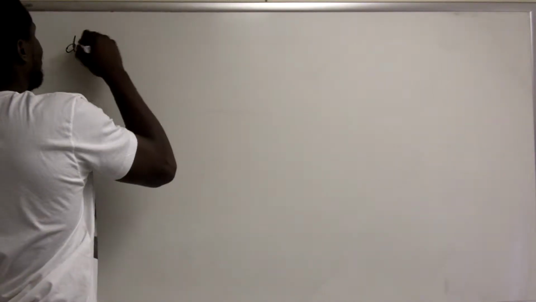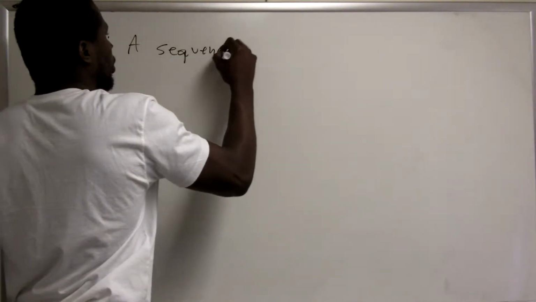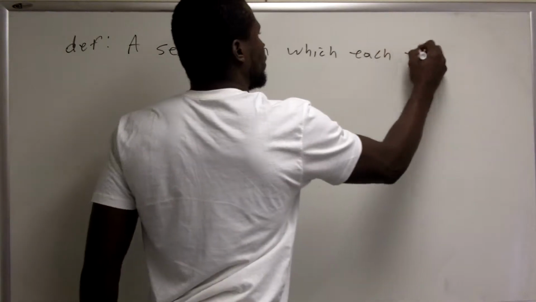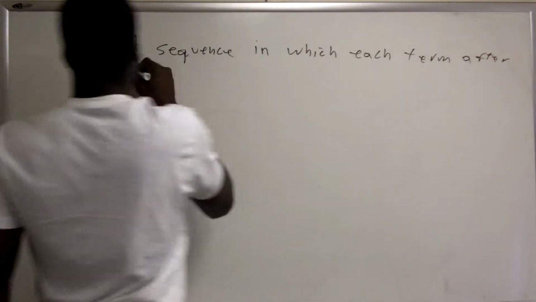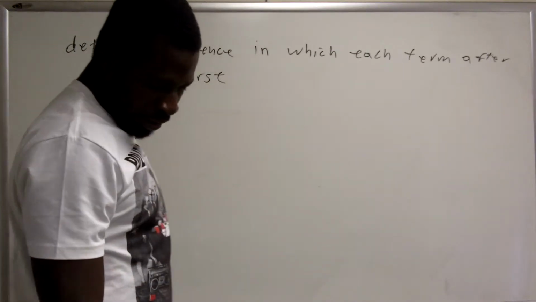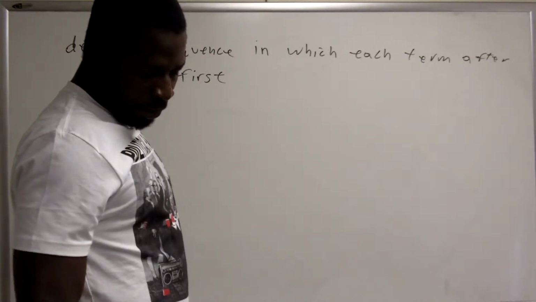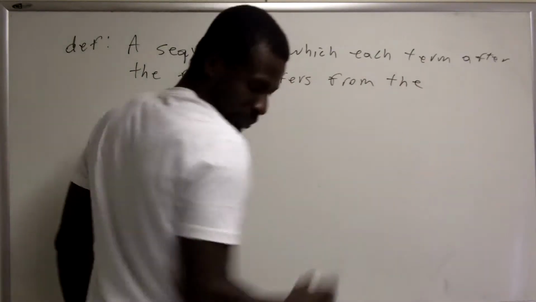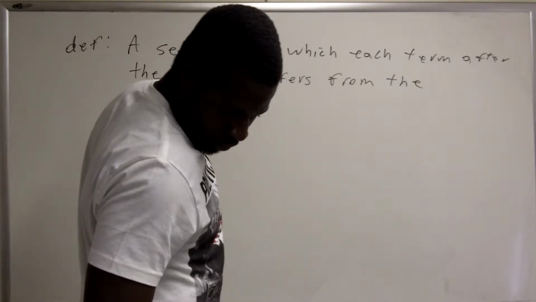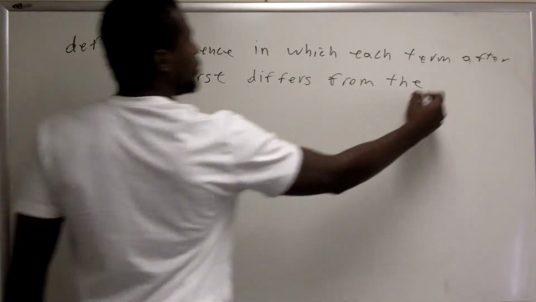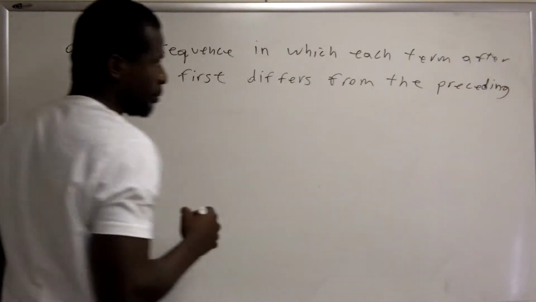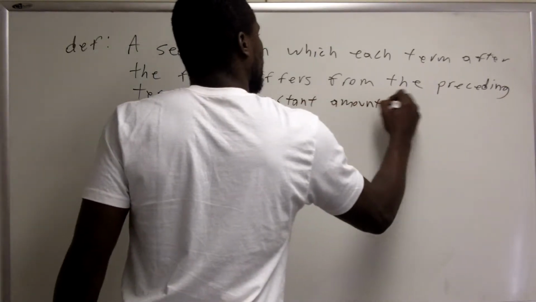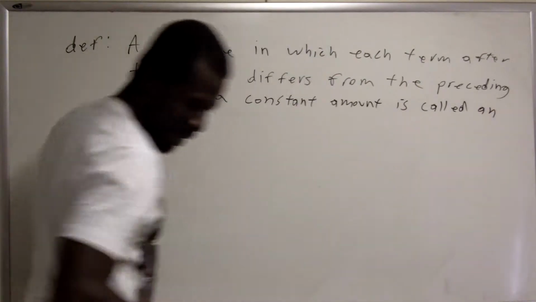A sequence in which each term after the first differs from the preceding term by a constant amount is called an arithmetic sequence.